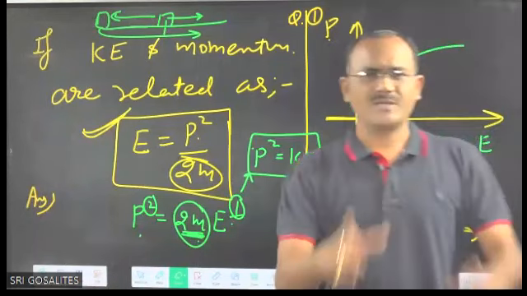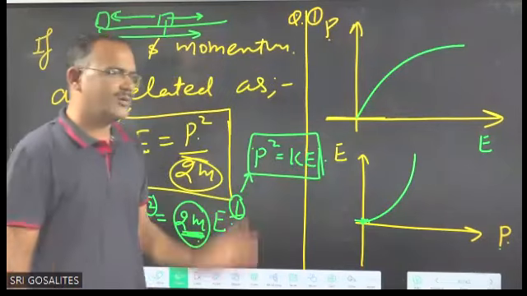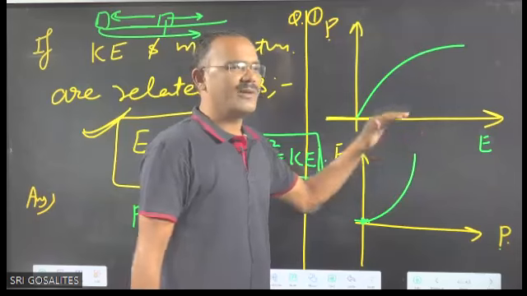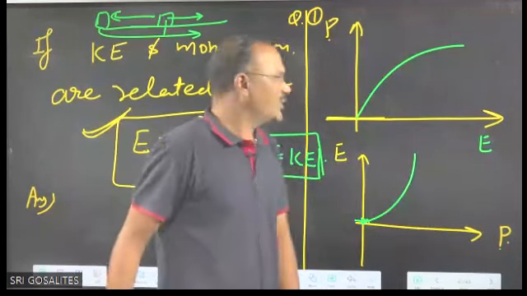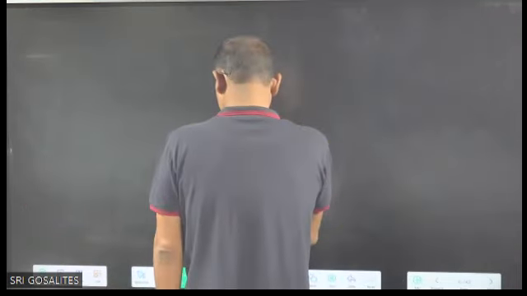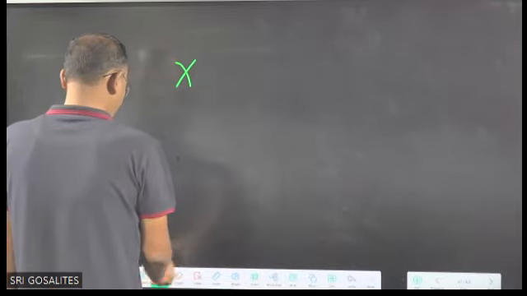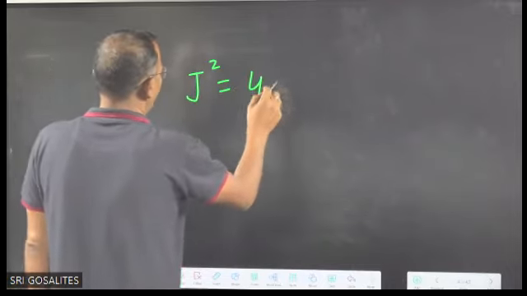So whenever two variables are there, one has the power 1, one has the power 2. The graph between them is a parabola and it is symmetric to the variable which has the power 1. You can make up a question yourself, like somebody says, suppose this is the question. In place of x, not necessarily always x and y, you can say j square is equal to 4k.